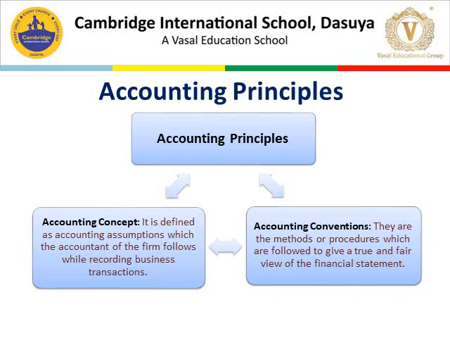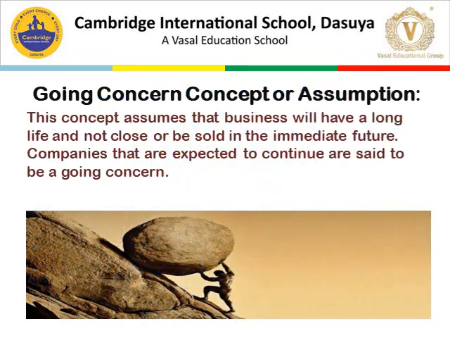On the other hand, accounting conventions are the methods or the procedures which are followed by accountants to give a true and fair value of the financial statement. In accounting, there are three concepts or assumptions.